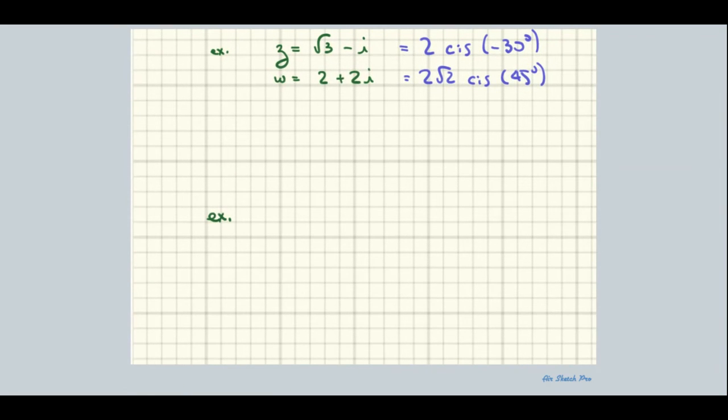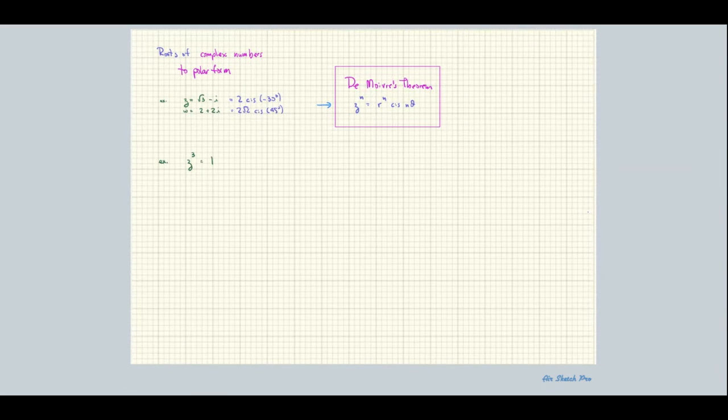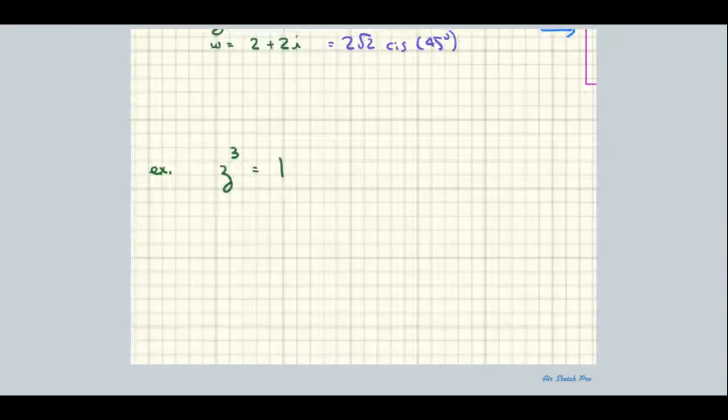And this time I'm going to use a different z, and I want to find the cube roots of 1. Now this is a polynomial equation, yeah? z cubed equals 1, right?